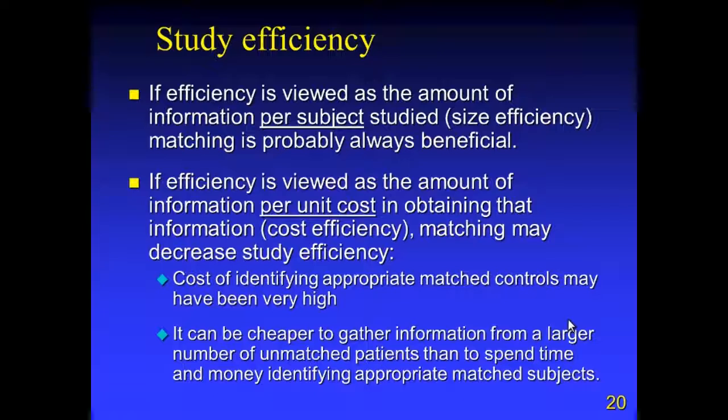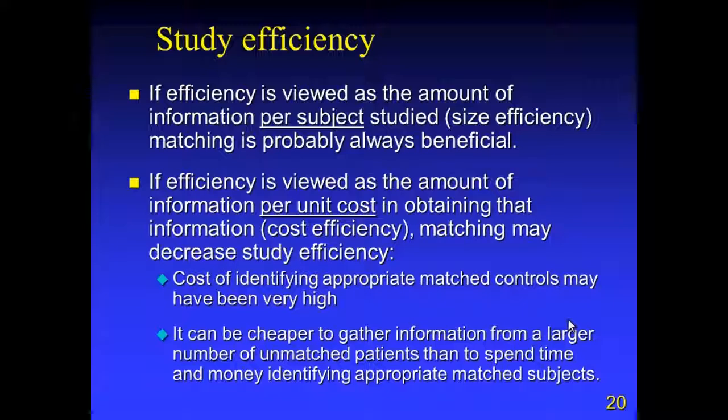And if you think about it in cost terms, matching may be very inefficient, because it may cost so much more to recruit, to screen a bunch of potential controls and then find the ones that you want. So in terms of unit cost or cost efficiency, matching may not be the best way to go.